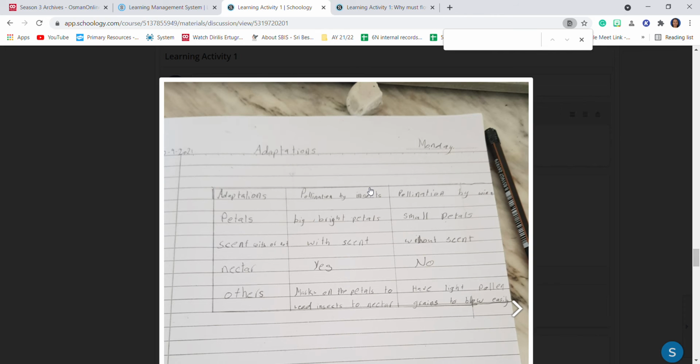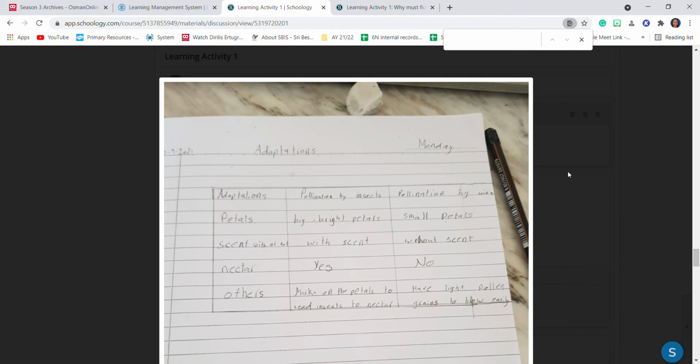But flowers pollinated by wind do not have nectar. Other characteristics of flowers pollinated by insects: they have marks on their petals, where the insects take the nectar. While flowers pollinated by wind have light pollen grains that can be easily blown by the wind. So that's how you collect information.